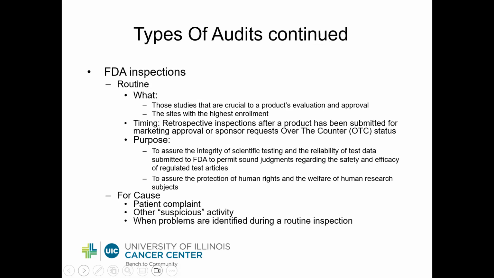They want to assure the integrity of scientific testing and the reliability of test data submitted to FDA to permit sound judgments regarding the safety and efficacy of regulated test articles, and to assure the protection of human rights and the welfare of human research subjects.